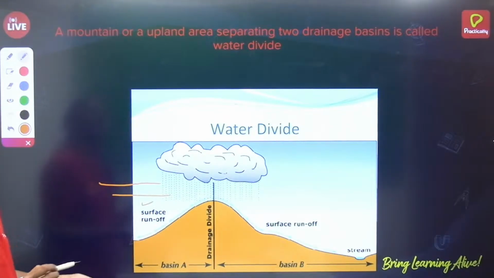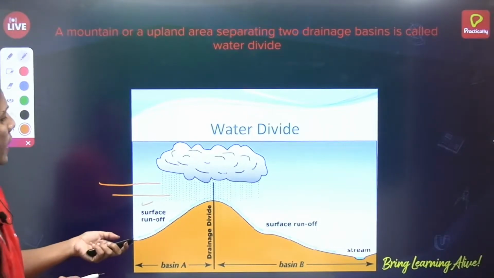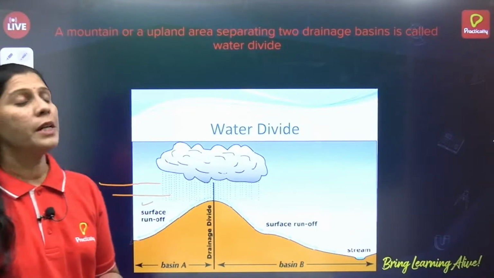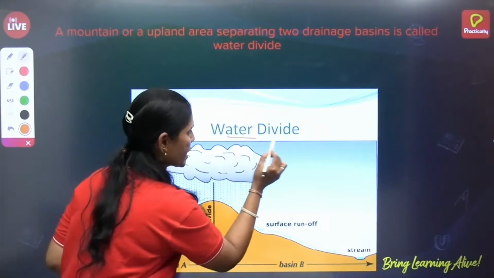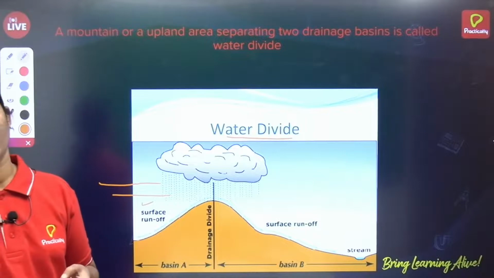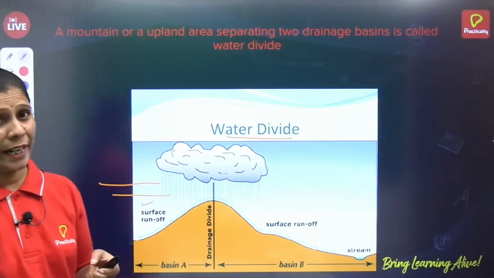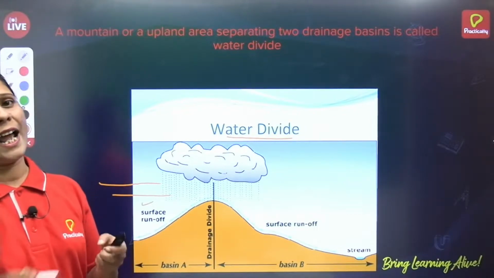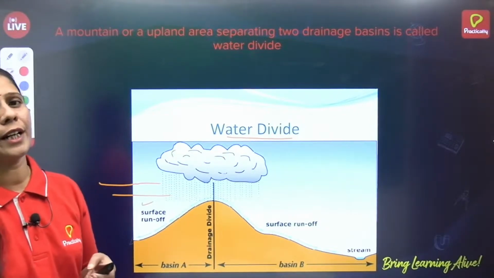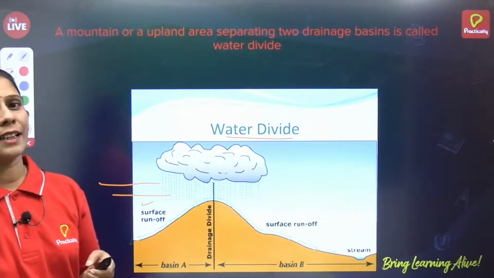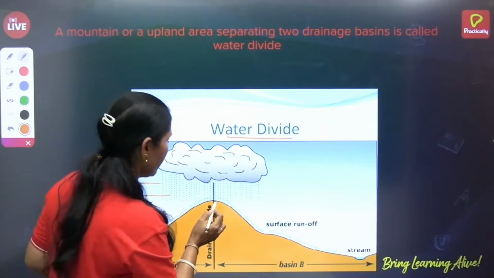Point to be noted. Next, coming to an important term, that is water divide. What is this water divide? It is not water dividing over an area. It is land here. You need to note this. It's not water, it's land which divides.